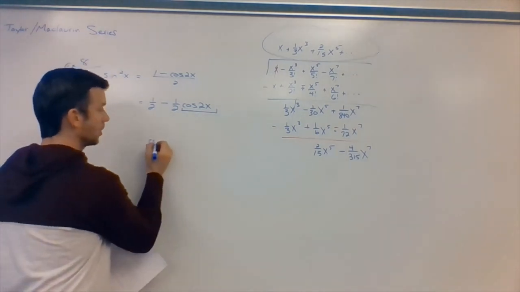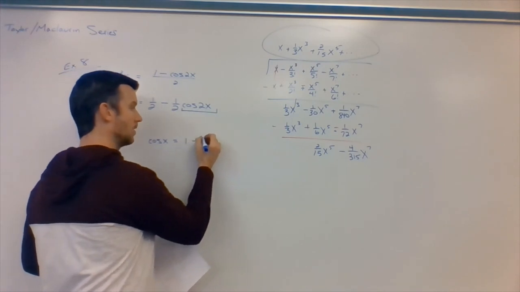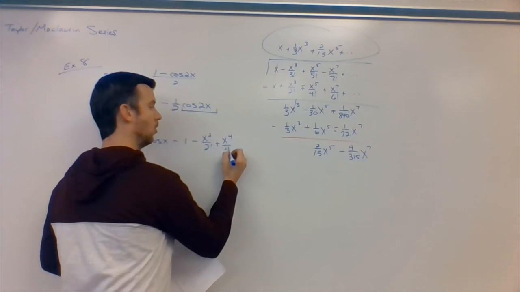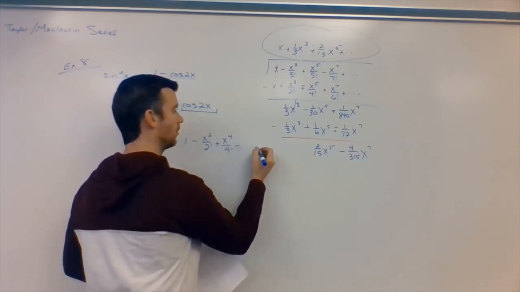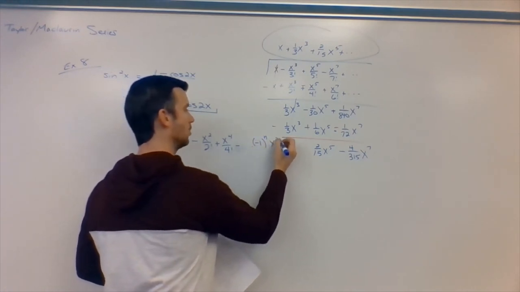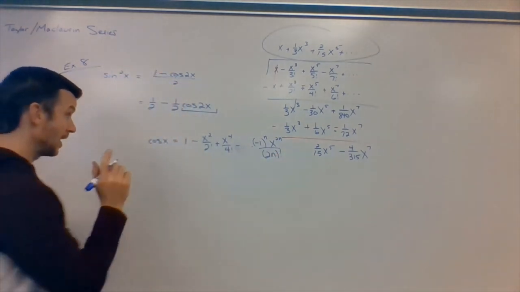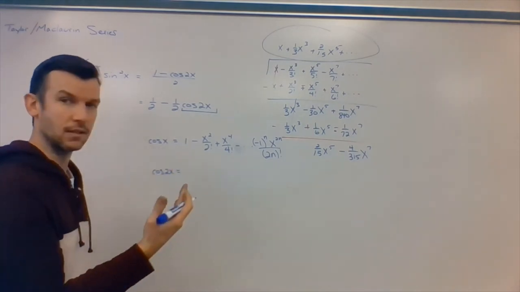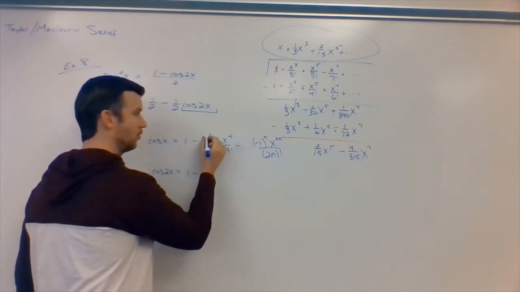So, the cosine of x, those are the evens, 1 minus x squared over 2 factorial plus x to the 4th over 4 factorial, and so forth. So in general, that's negative 1 to the n, x to the 2n over 2n factorial. And all we have to do for that known function is plug 2x in. If we plug 2x in, we're going to have 2x's getting squared.